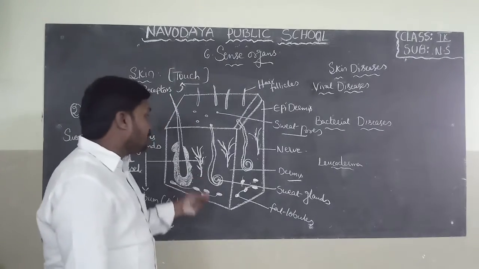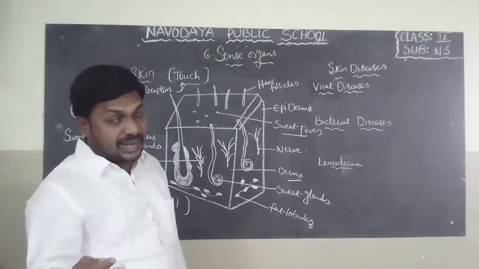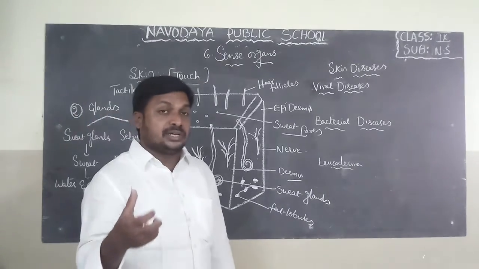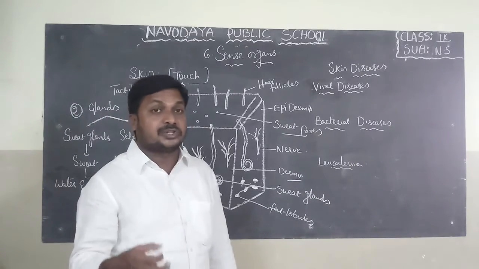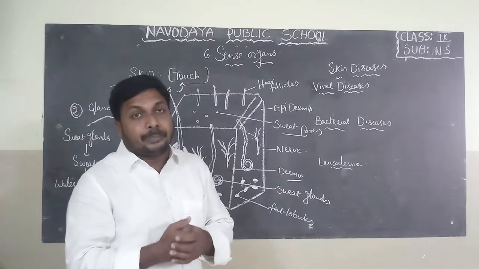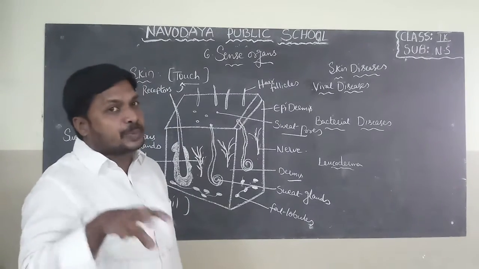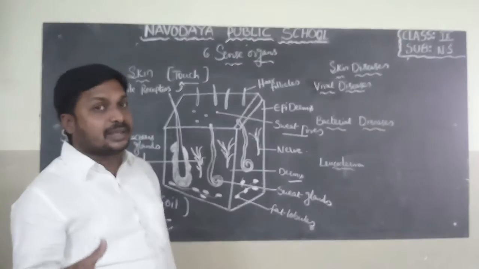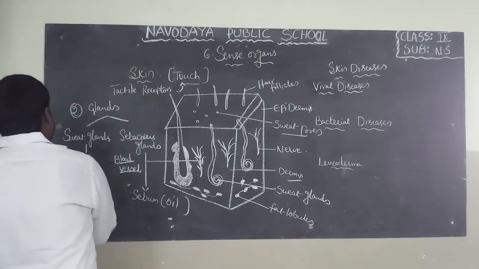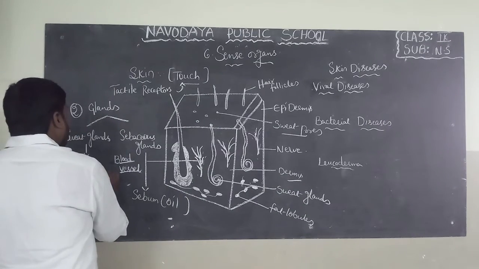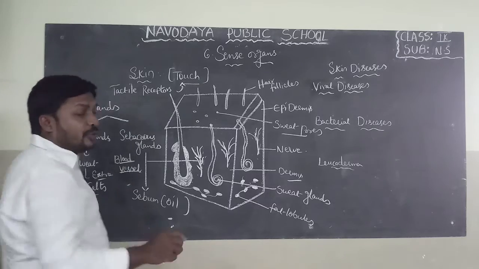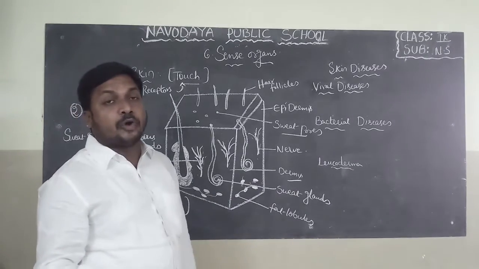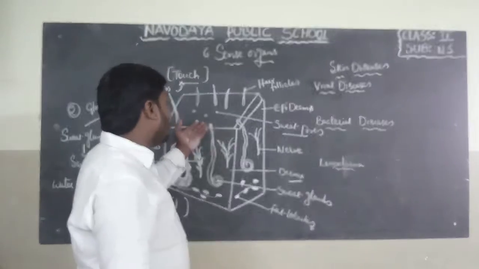See here, blood vessels consist of blood. During severe high temperatures, the blood gets heated up, and the waste materials in the blood, like extra salts, come outside along with water in the form of water vapor through sweat pores.